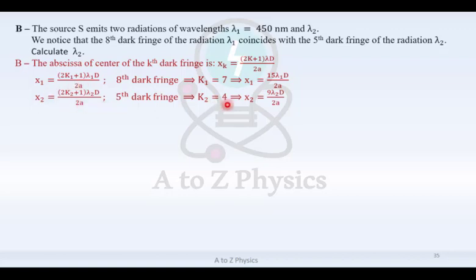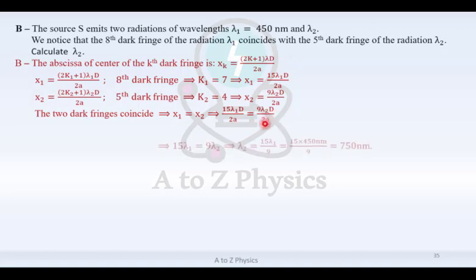We will have x2 equal 9 lambda 2 d over 2a. Since the two dark fringes coincide, x1 equal x2 implies 15 lambda 1 d over 2a equals 9 lambda 2 d over 2a. And finally, we will have lambda 2 equal 750 nanometer.